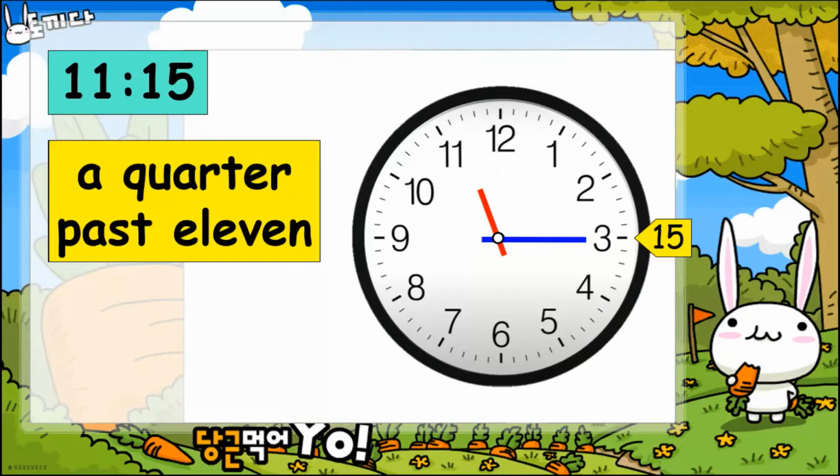Why a quarter? When the minute hand moves from 12 to 3, it has gone through a quarter of the clock. That's why 15 minutes is also known as a quarter past.